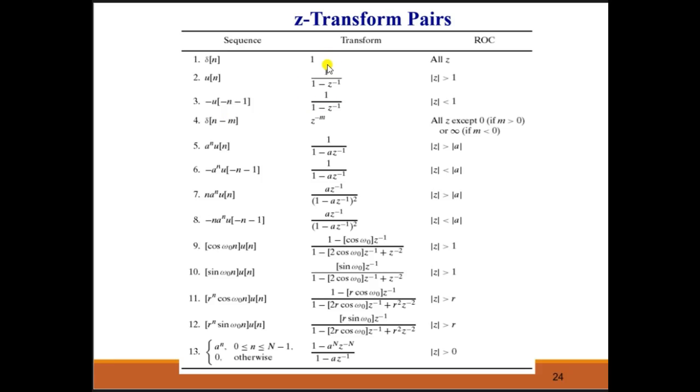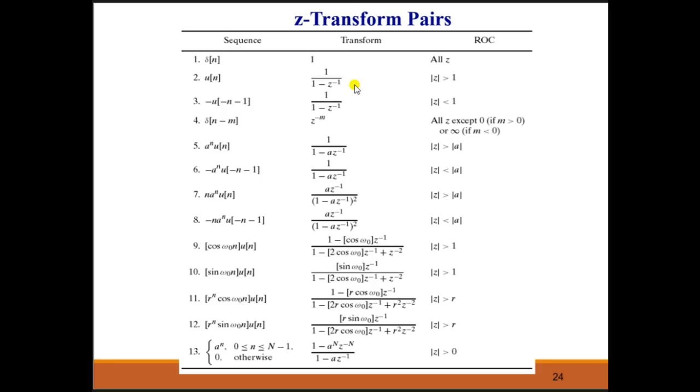So if you want to do an inverse Z transform, from the Z transform you are given the ROC. From the ROC you will know whether you have to use the second sequence or the third sequence, because the ROC is different.